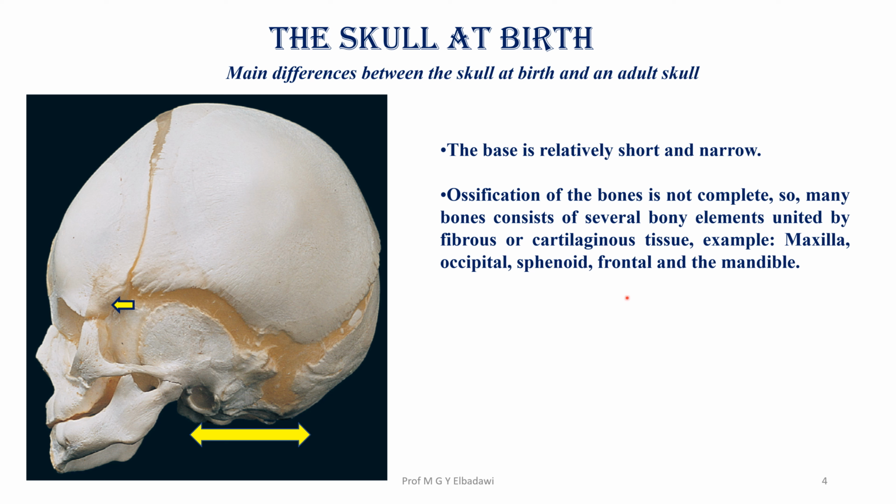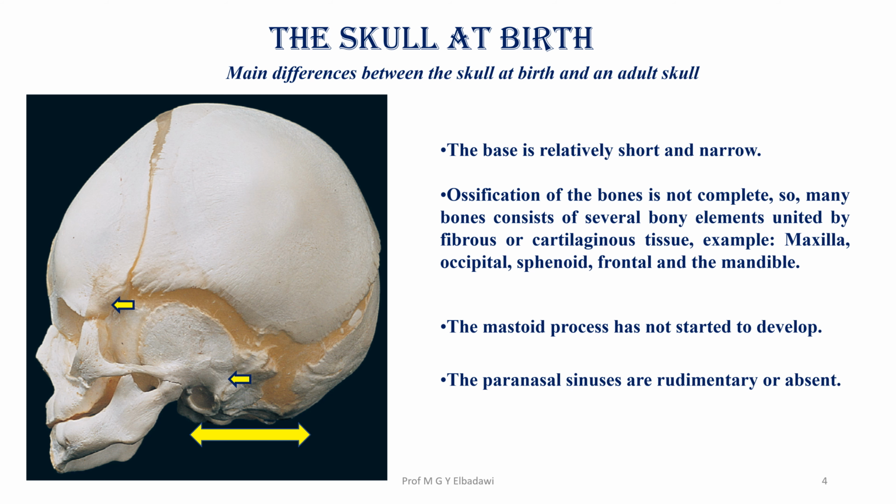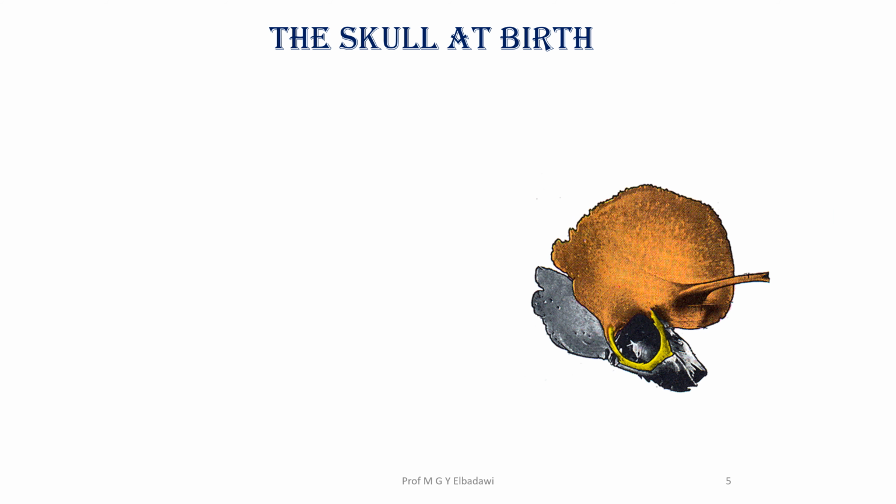So many bones consist of several bony elements united by fibrous or cartilaginous tissue, for example the maxilla, the occipital bone, the sphenoidal bone over here, the frontal, and the mandible. The mastoid process, as we said, has not started to develop. It is not shown here. The paranasal sinuses are rudimentary or absent.